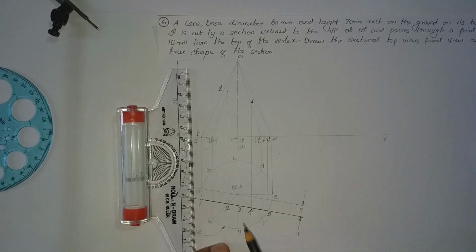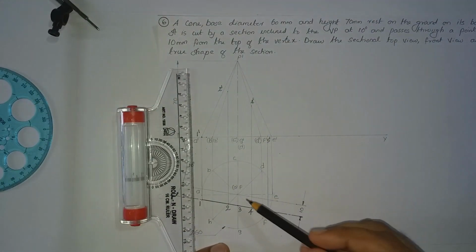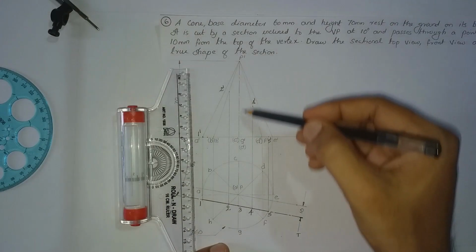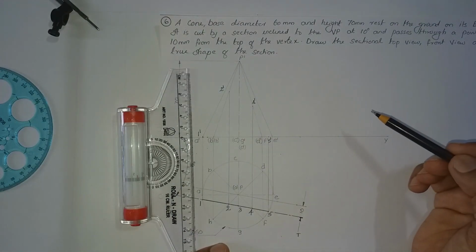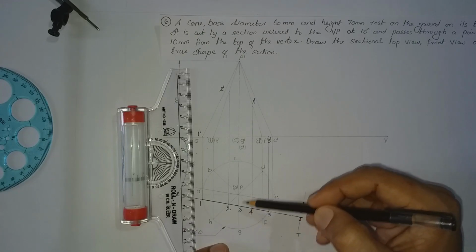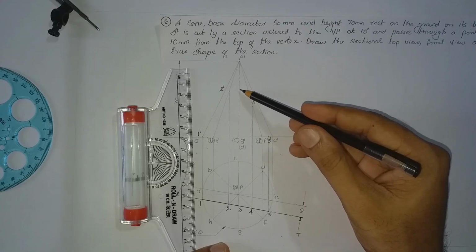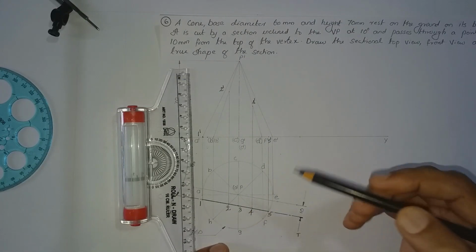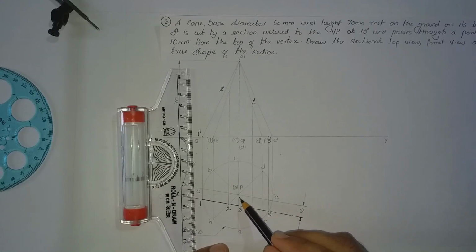Now let us transfer point 3 to the front view. Here PG and P dash G dash are perpendicular to the XY line. That is why we cannot transfer point 3 directly to the front view. So in order to transfer point 3, let us follow this procedure. We shall rotate 3 to PE.